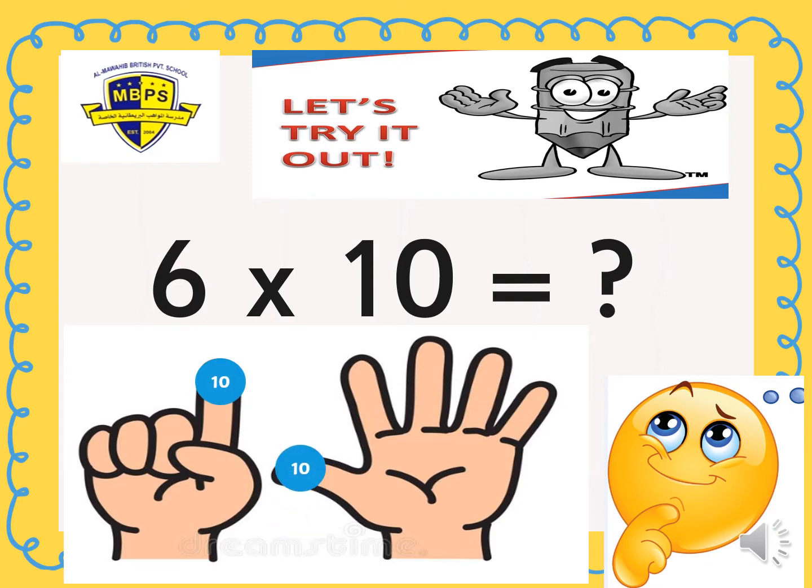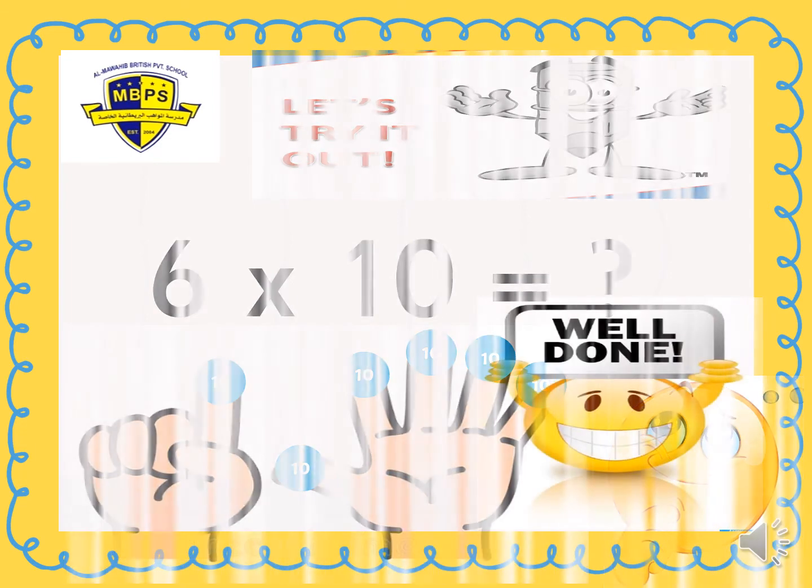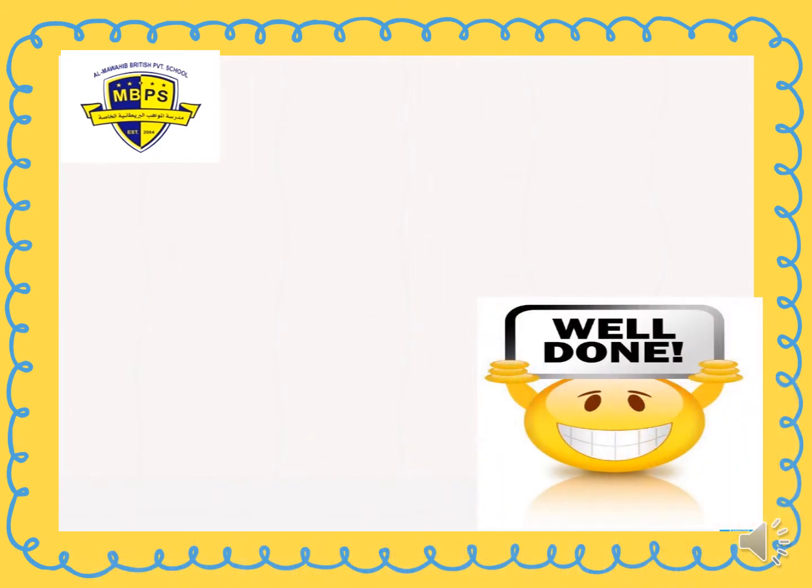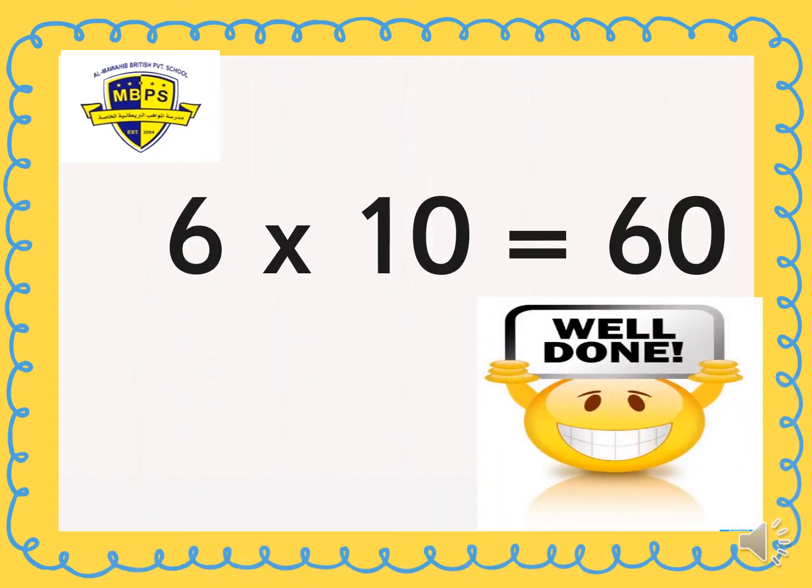And then we will start to skip by 10 until we find the answer. You can do it now. Open 6 fingers, skip by 10, and find the answer. Are you ready? Very good. 6 times 10 equal 60.